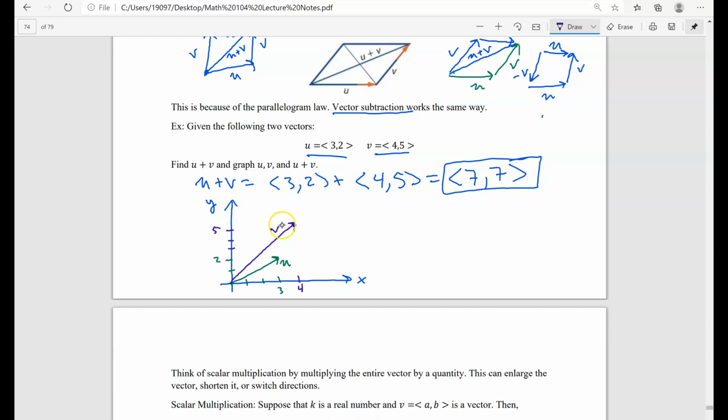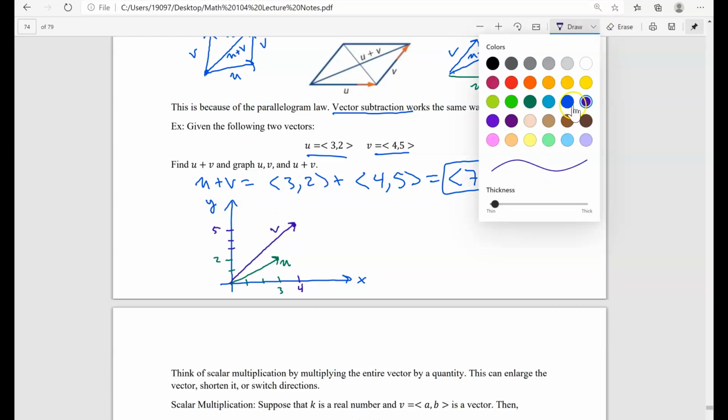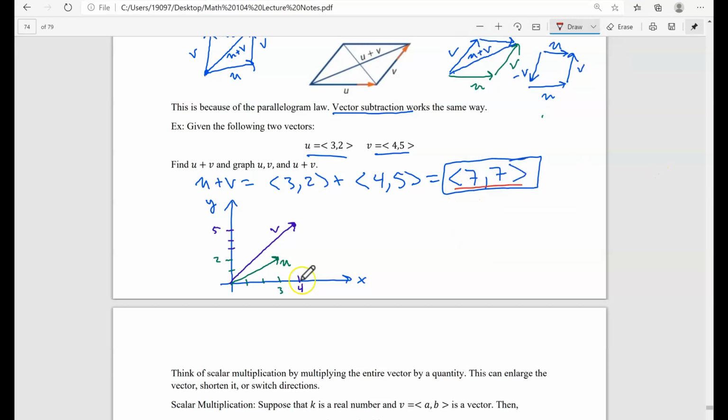Now I'm going to label in red the resulting vector, which is 7, 7. So basically this guy is going to be right here. If I graph it, you can see that the vector goes right through the middle of these two.